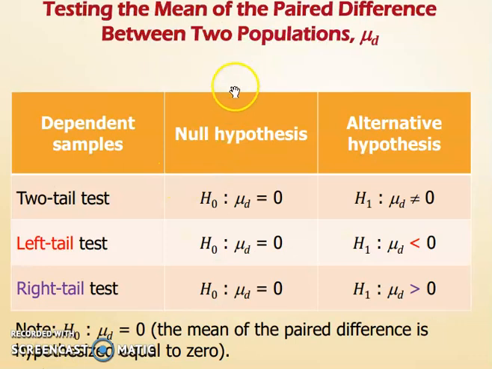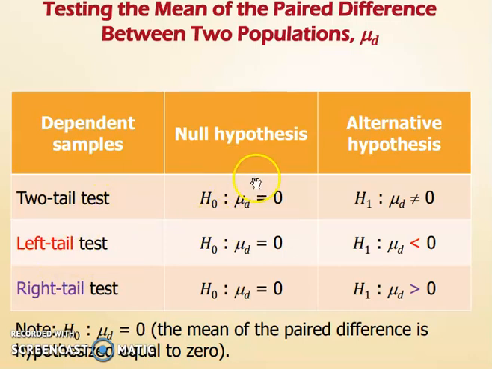So again, when we want to compare the population means between two populations for dependent samples, it's the same, whereby we have two-tail tests and also one-tail tests.